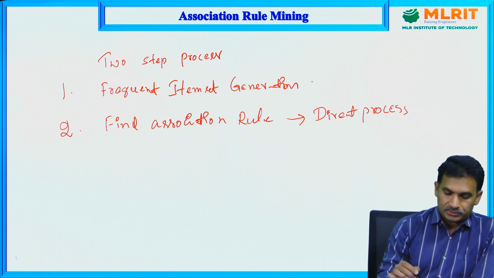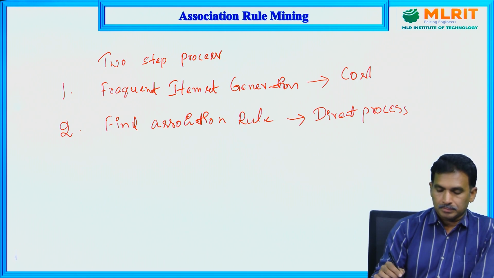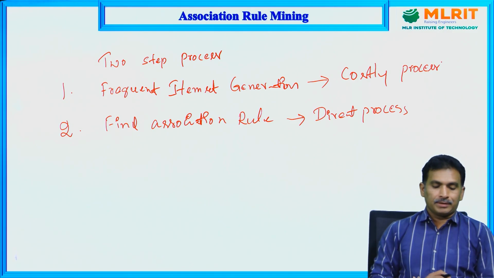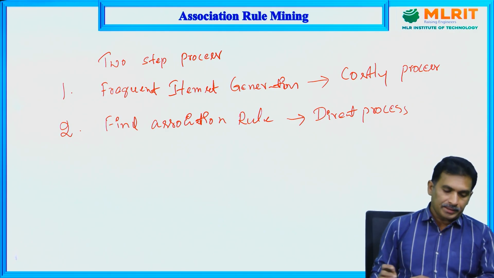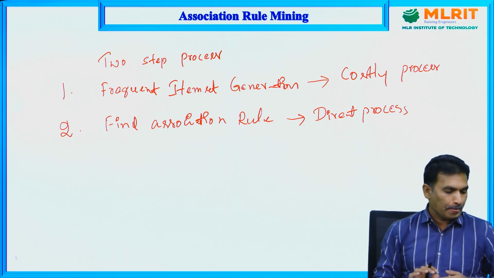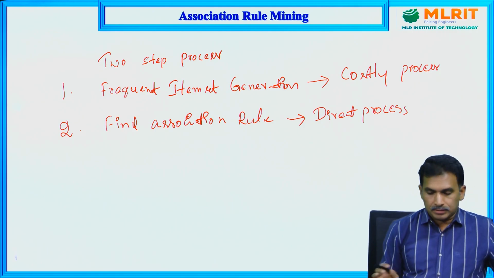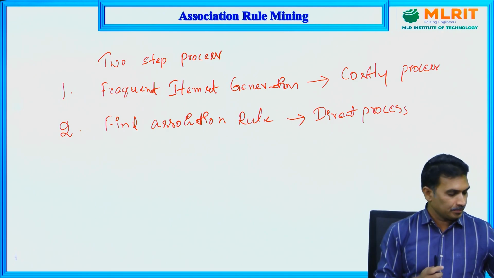But the first step is a costly process, that is, we have to generate the frequent item sets. So we have to understand why it is a costly process. So let us take the first one, the frequent item set generation.